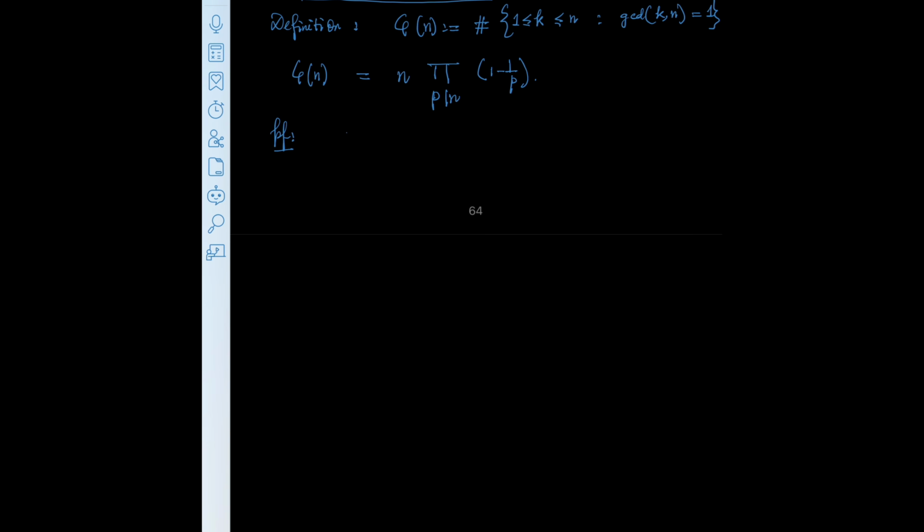So let's say the probability that a randomly chosen number between 1 and n is co-prime to n. What is the probability of that? This is phi n by n, right?